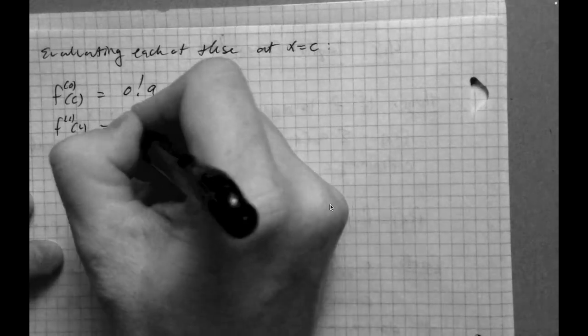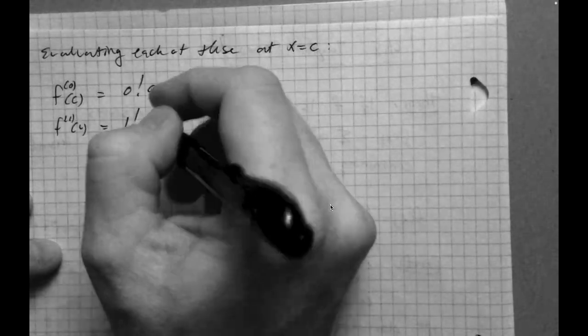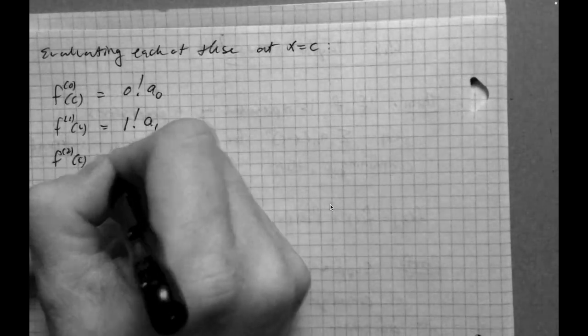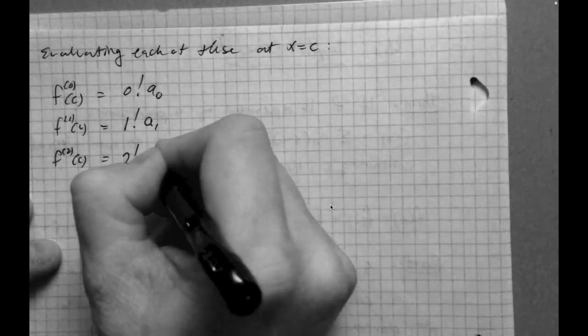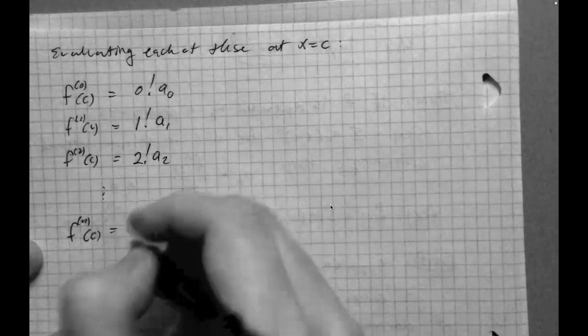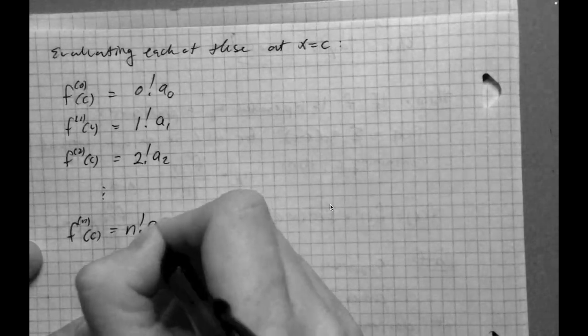So the first derivative evaluated at c gets us 1 factorial times a1. The second derivative evaluated at c leads us to 2 factorial times a2, and so on, so that the nth derivative evaluated at c will be n factorial times a of n.